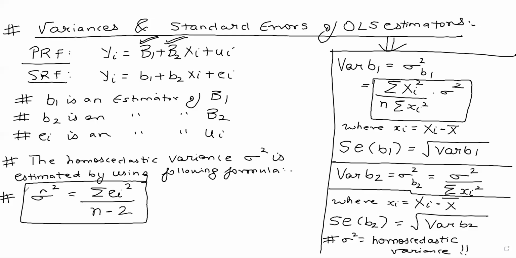Although we'll be taking it up for discussion later also in the lecture, you should know summation ei square is also called the residual sum of squares, divided by n minus the number of parameters in the model, including the intercept term. Now our model is this. How many parameters we have including the intercept term? 2 parameters, so n minus 2.